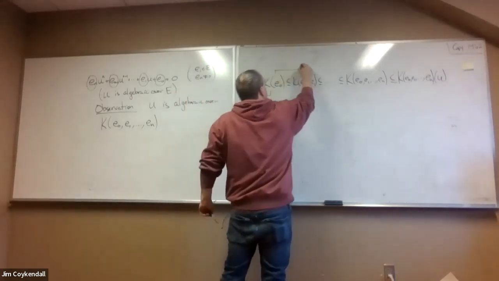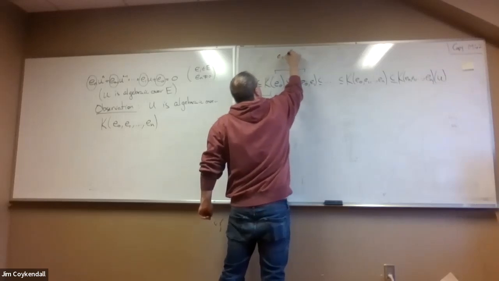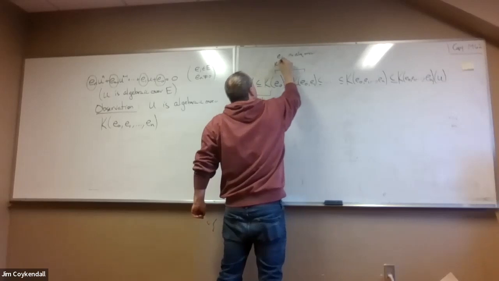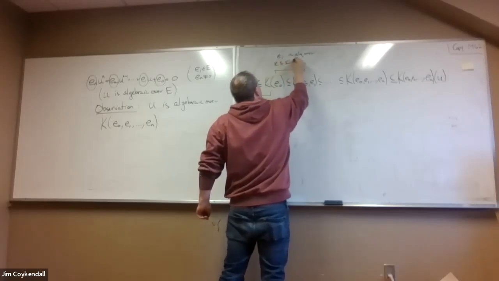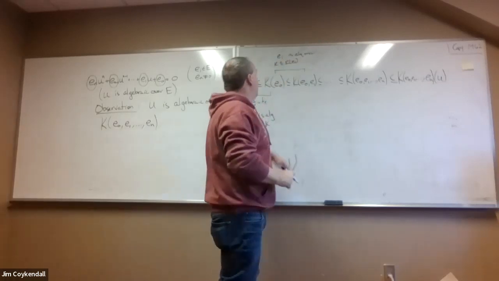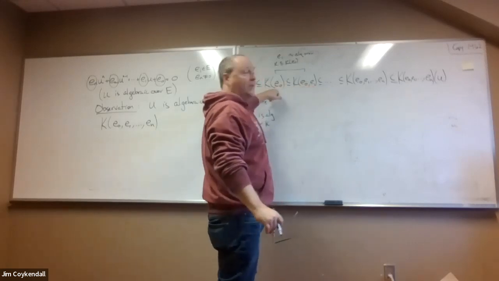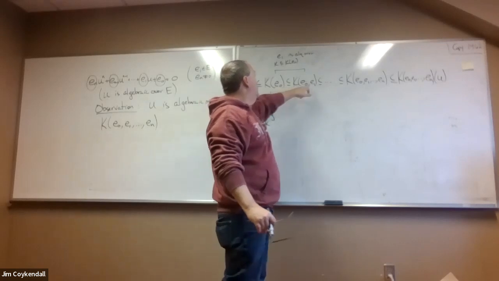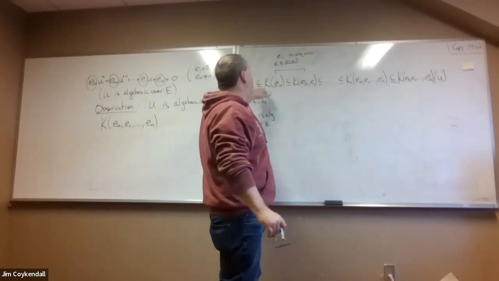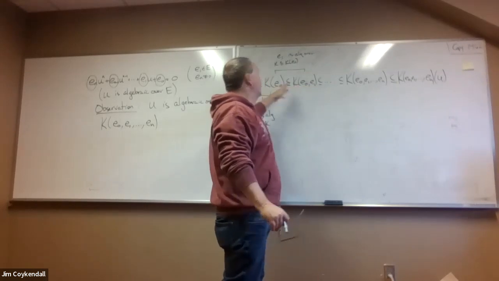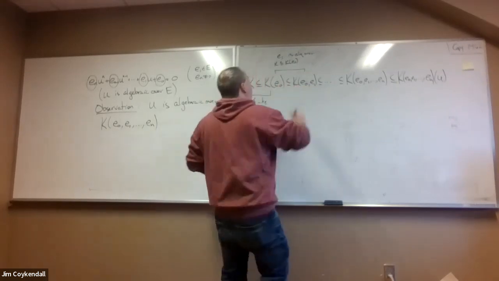This is finite because E1 is algebraic over K, which is contained in K(E0). So if E1 is algebraic over K, it's certainly algebraic over the slightly bigger field. In fact, the minimal polynomial that you need over K might be reduced to a smaller polynomial over here. But in particular, this is also finite.